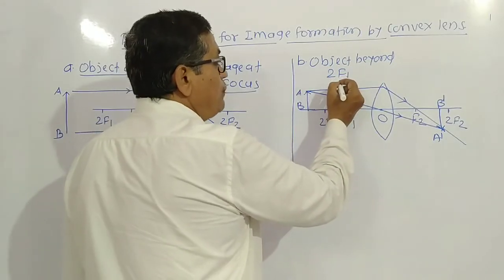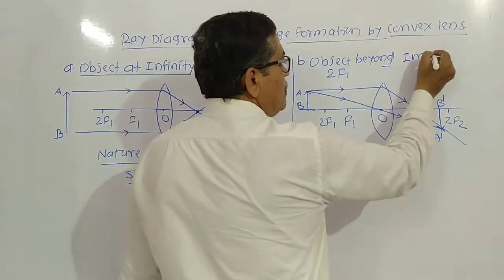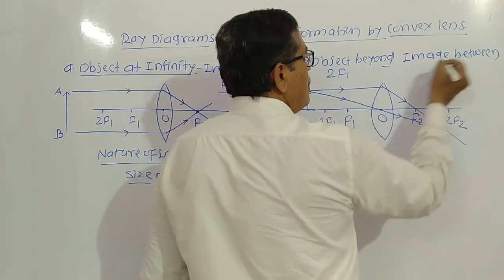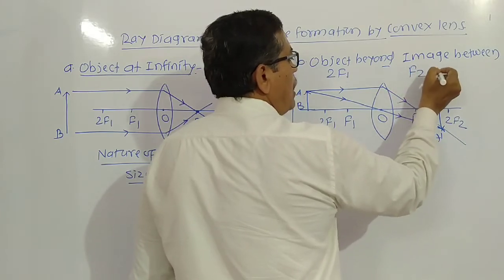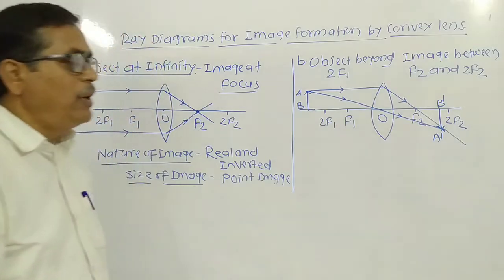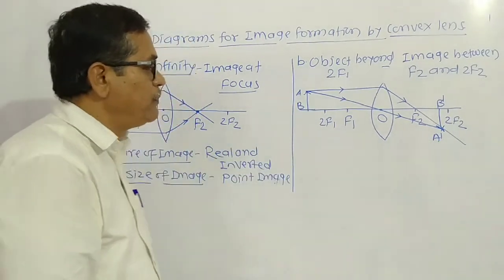Object beyond 2F1, then image between F2 and 2F2.